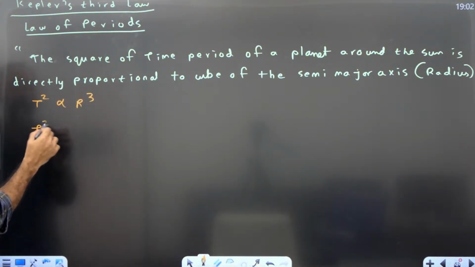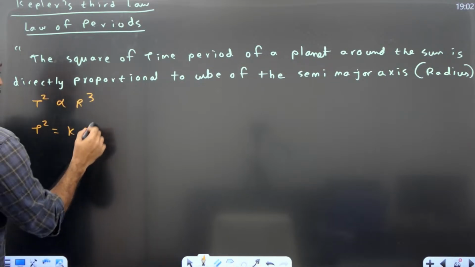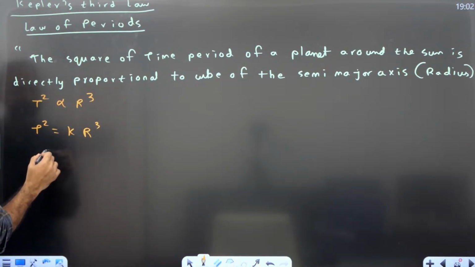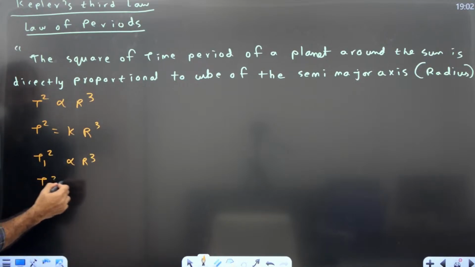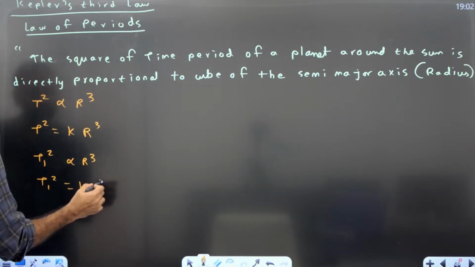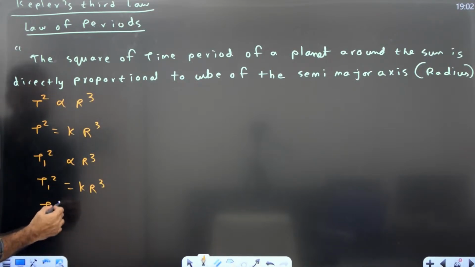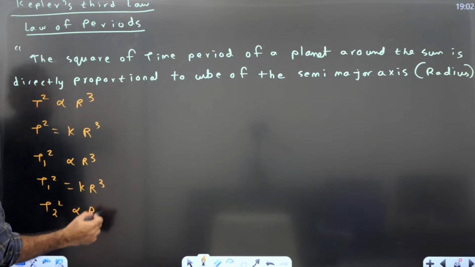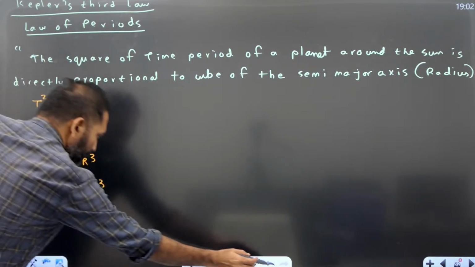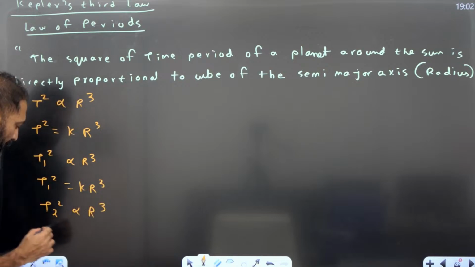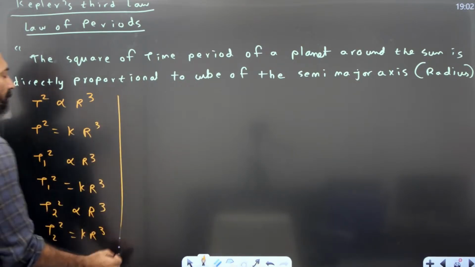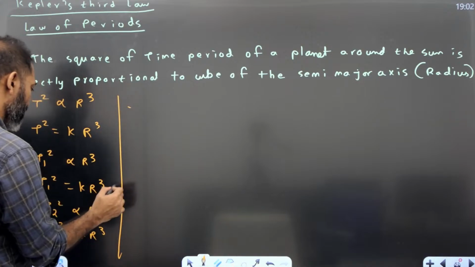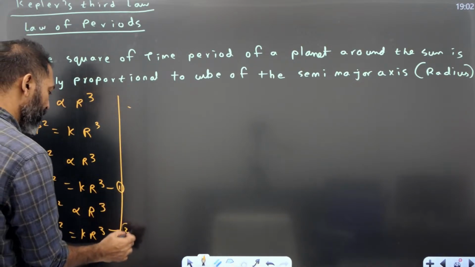So T square equal to what? K r cube. Suppose for one planet T1 square directly proportional to r cube, so T1 square equal to K r cube. And for another planet T2 square directly proportional to r cube, so T2 square equal to K r cube. Let this be equation 1, let this be equation 2.